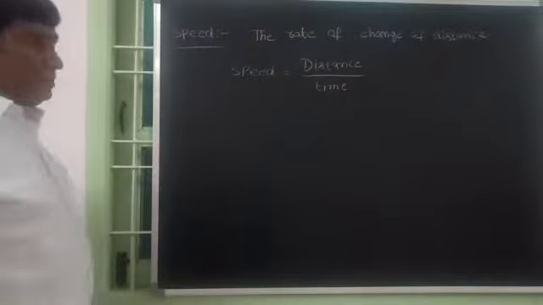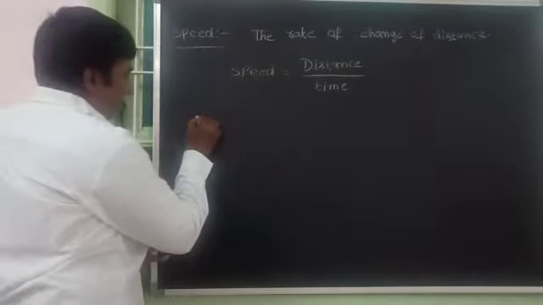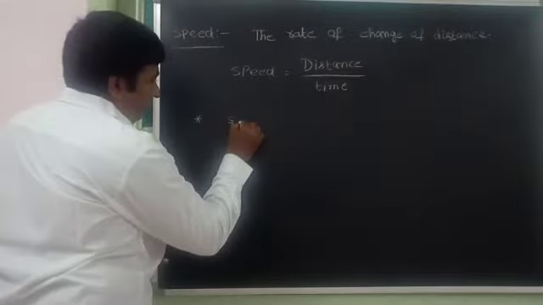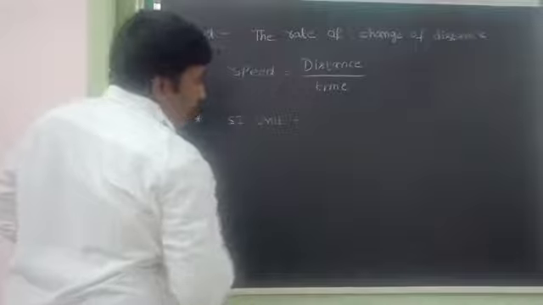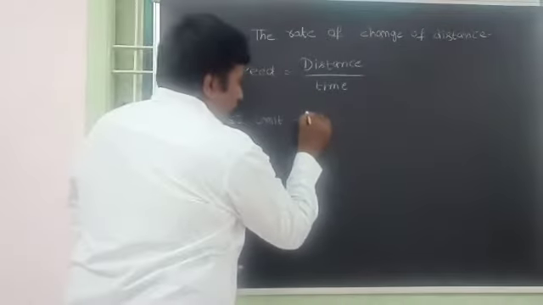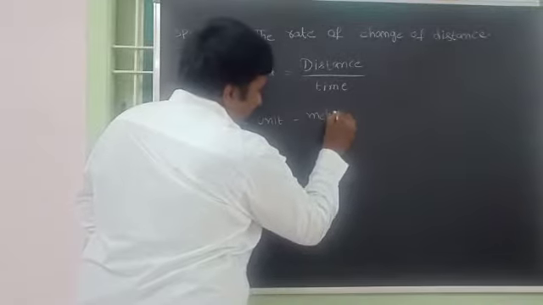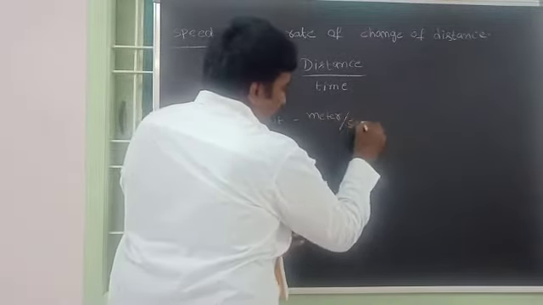Whenever you know the speed, we can express its SI unit. In the SI unit, distance is measured in meters and time in seconds.